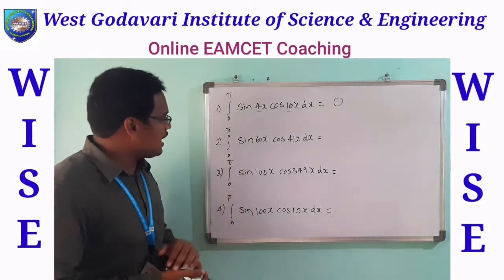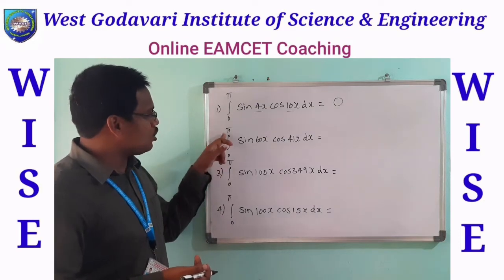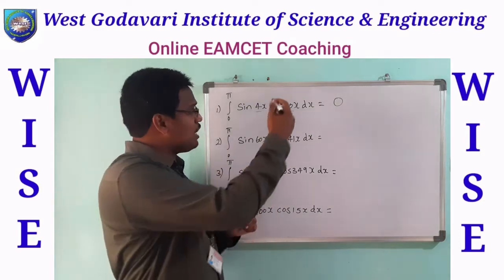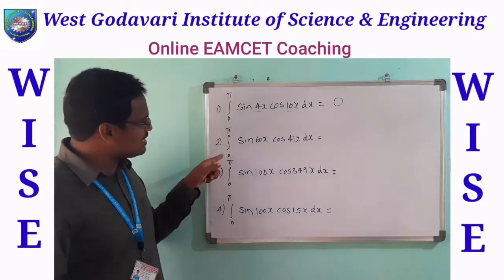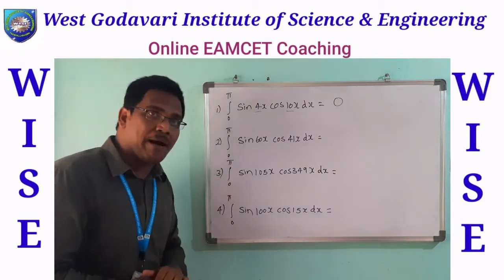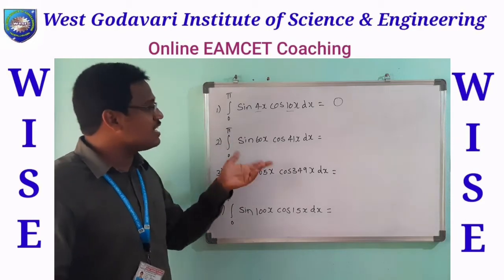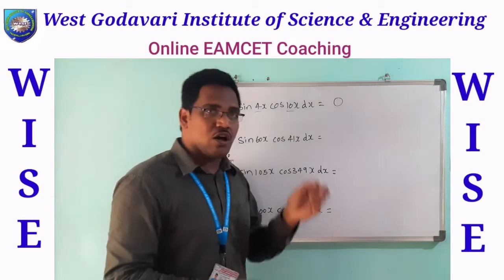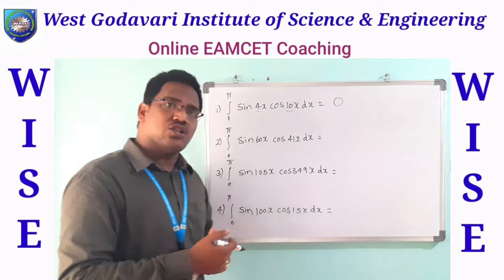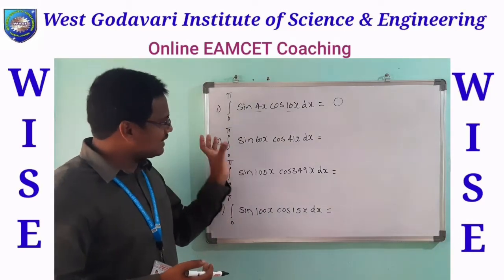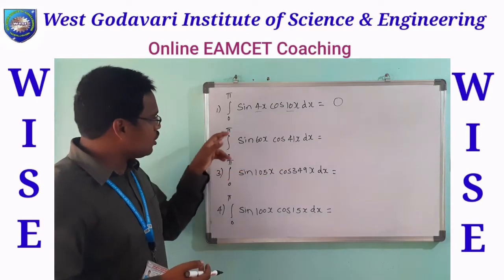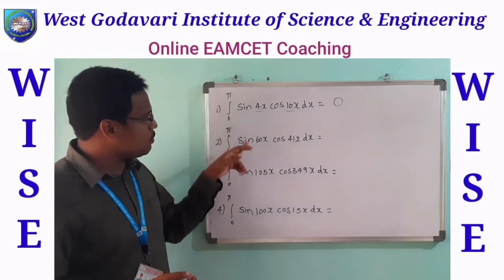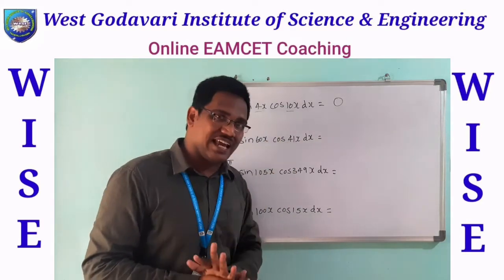Now let us see another question, integral 0 to pi. Remember one thing, in each and every question the definite integration is in the limits of 0 to pi. If the limits change, obviously the formula is also different. The given problem must be in the form of integral 0 to pi sin ax cos bx dx.